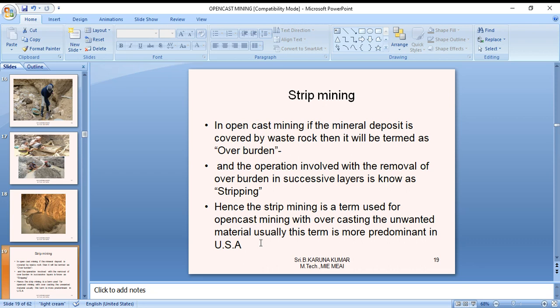So now you can easily understand there is overburden removal stage wise, strip wise, 5 meter, 3 meter, 3 meter, depending upon the stripping capacity of the mine. That is called strip mine. So this is the removal of the overburden over our ore or coal.